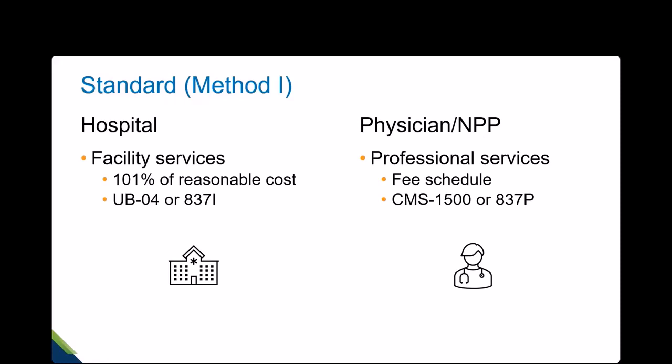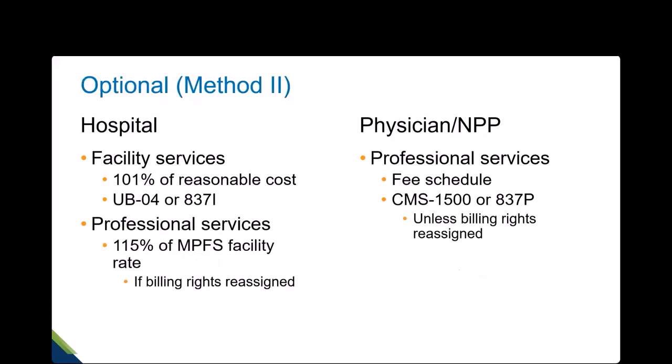Now let's compare this method, the standard method, to Method 2. As we said, a critical access hospital may elect the optional payment method, sometimes referred to as Method 2, under which it's paid for professional services in addition to its outpatient facility payment.